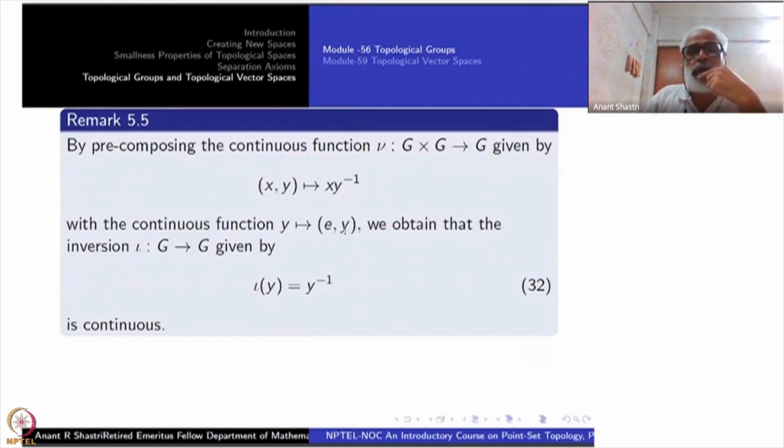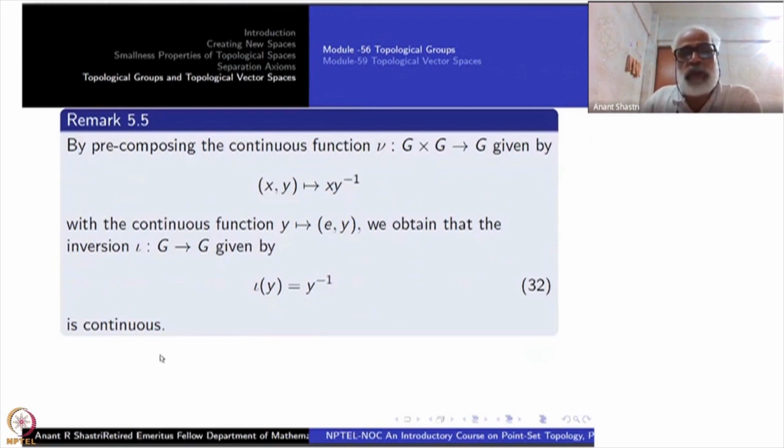It's like a coordinate inclusion. Followed by (x, y) going to x y inverse, E becomes x. So this x becomes E, sorry. So this becomes just y going to y inverse. That map I am denoting by eta, eta of y is y inverse, because y inverse is uniquely defined.